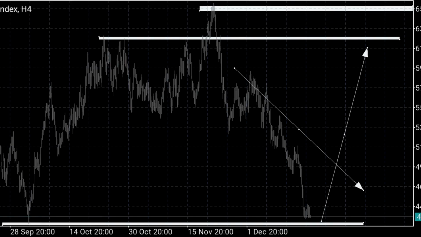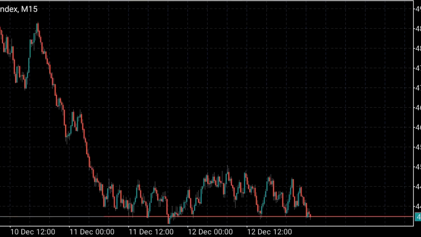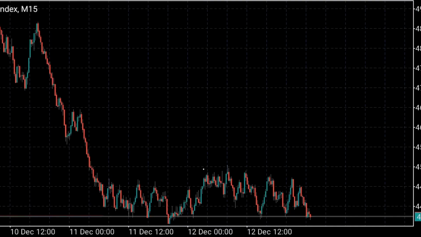Okay, let's look at smaller time frames to have a better insight of the market. Like I had stipulated before, we have a consolidation on this level. This is our resistance. It's our tested resistance on the smaller time frame.